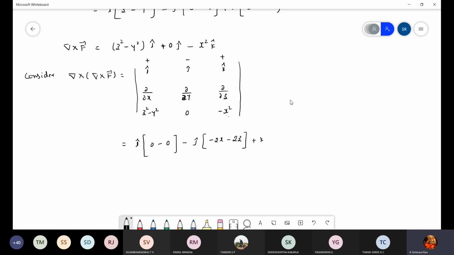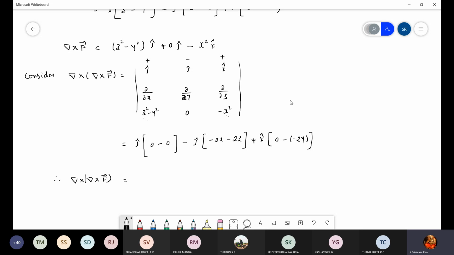And plus k cap into dou by dou x of 0 is 0, minus dou by dou y of z square is 0, but minus y square gives minus 2y. So minus 2y, inside you will get minus of minus. So final answer: curl of curl f equals 0 i cap, no need to write because it is 0.